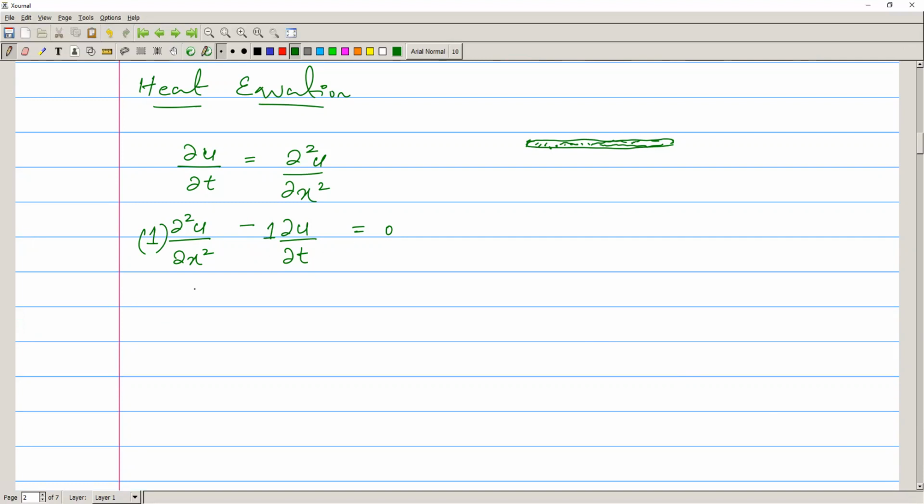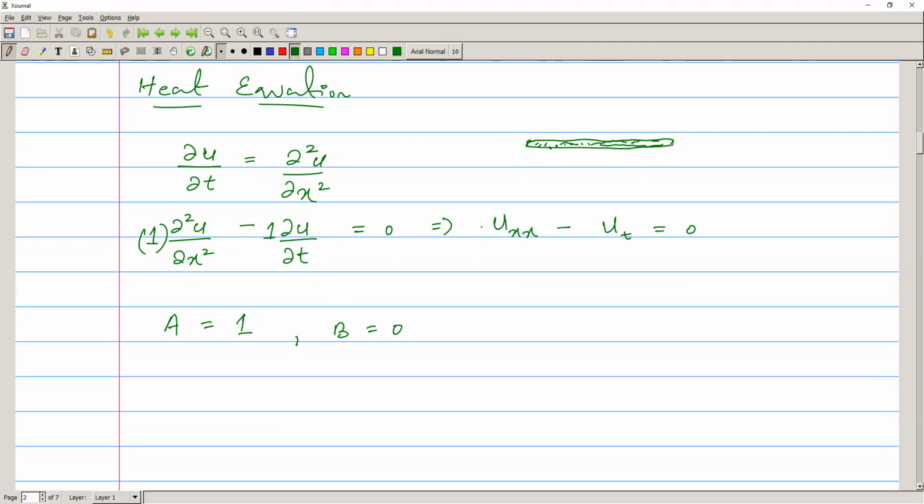Now if we compare with the standard equation, that is auxx plus buxy plus cuyy and so on, what's a here? a is equal to 1, and what's b here? b is equal to 0 because there is no term of uxt, right?